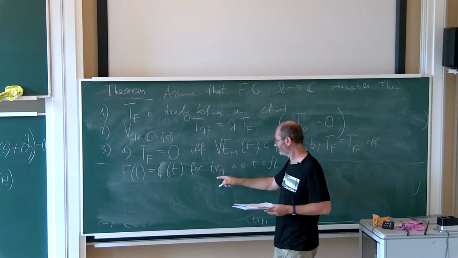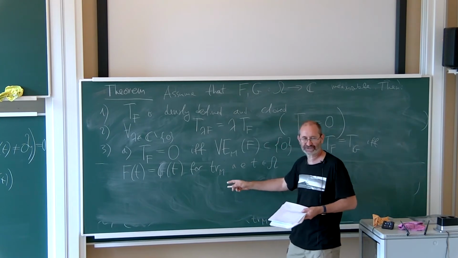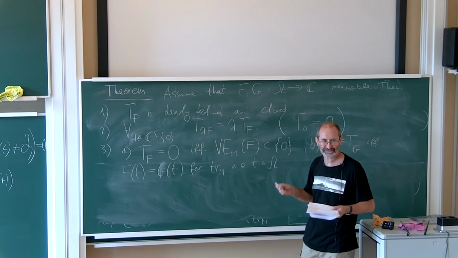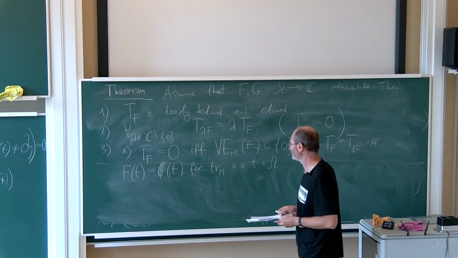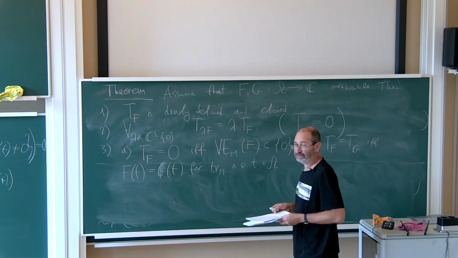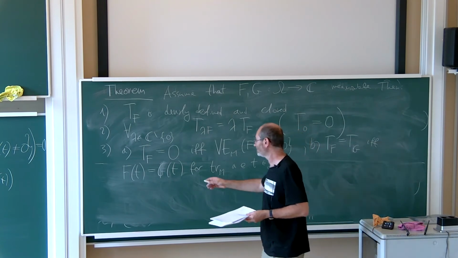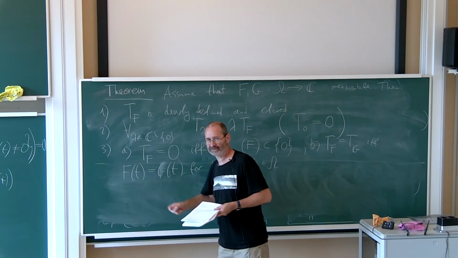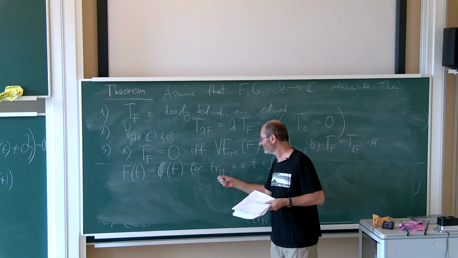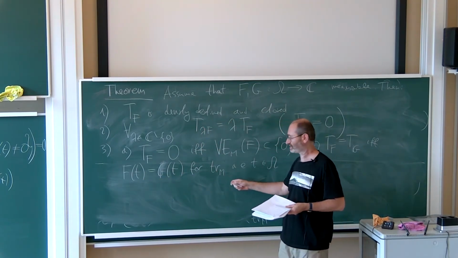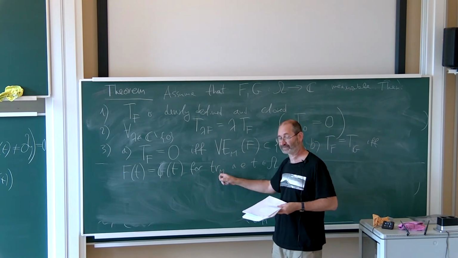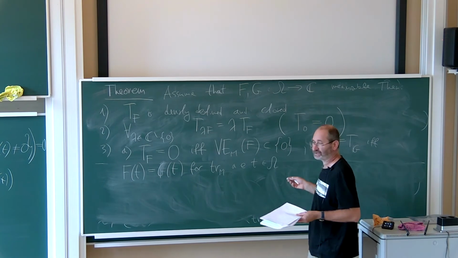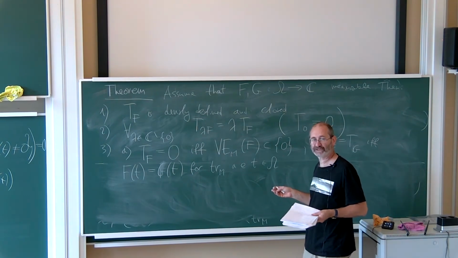I could write m here, but by tradition we usually use this notation for measures, not for matrix measures. So it means that we can change values of the function on a set which has 0 measure, and then nothing changes for the operator.